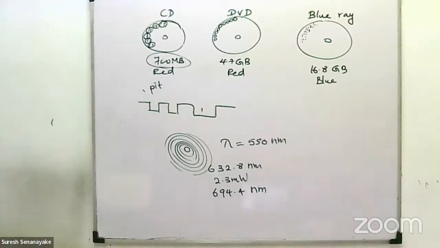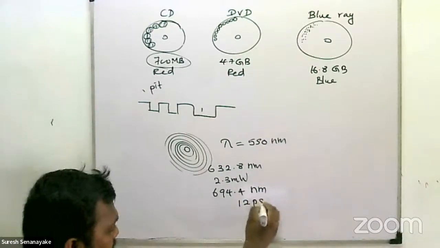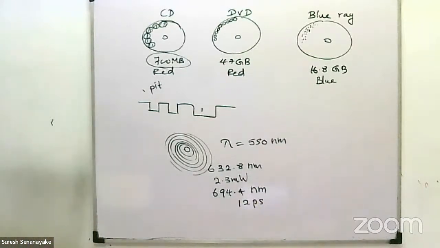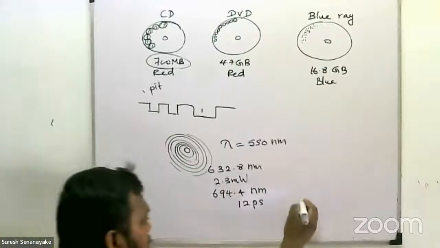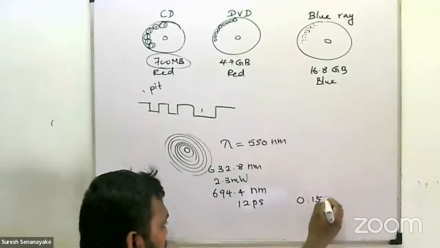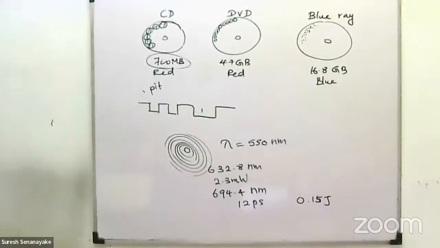The pulse duration is 12 picoseconds, and the energy per pulse is 0.15 joule.